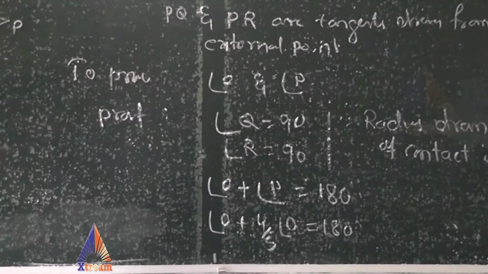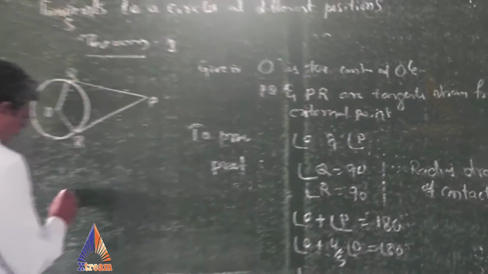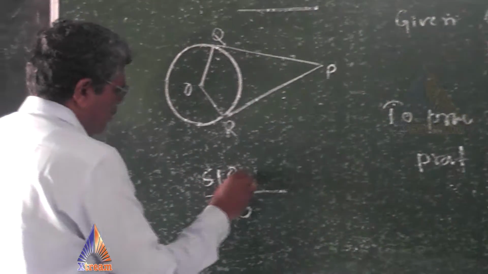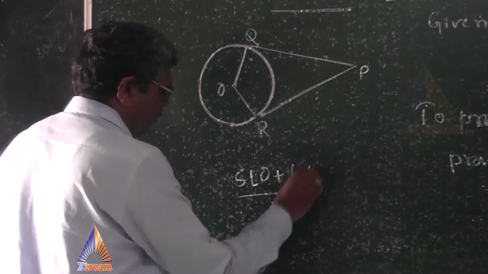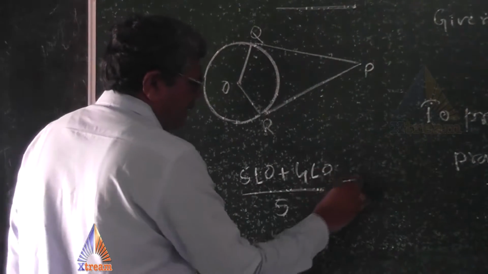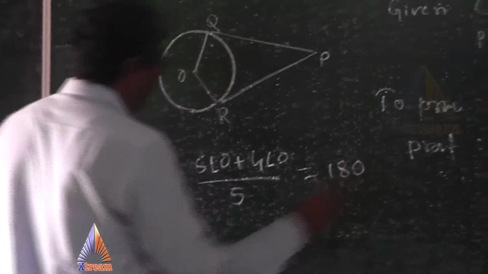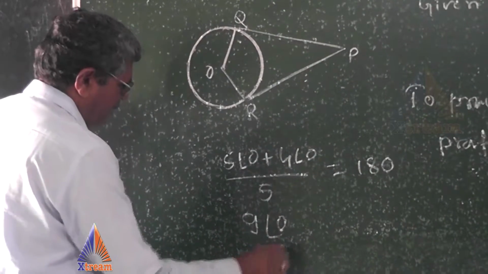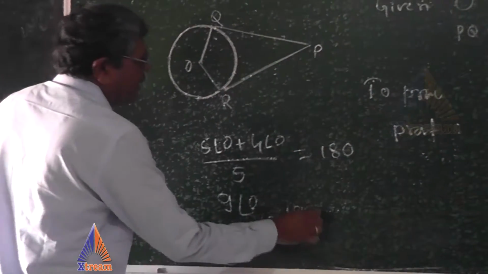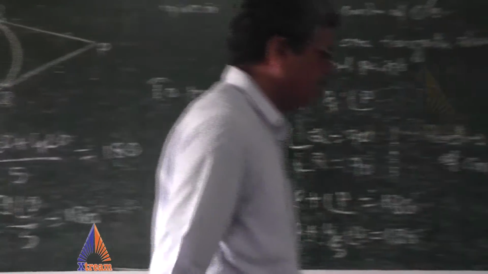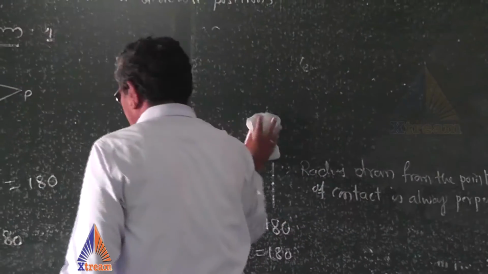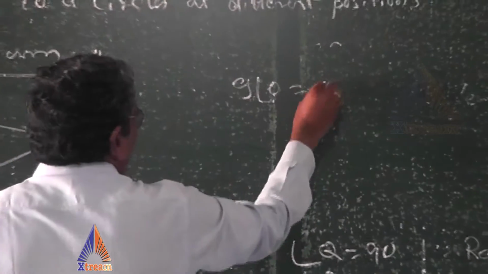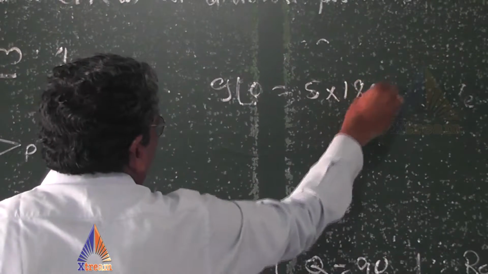Take the LCM, which is 5. So 5 angle O plus 4 angle O is equal to 180 degrees. 5 plus 4, 9 into angle O divided by 5, is equal to 180 degrees. 9 into angle O is equal to 5 into 180 degrees.